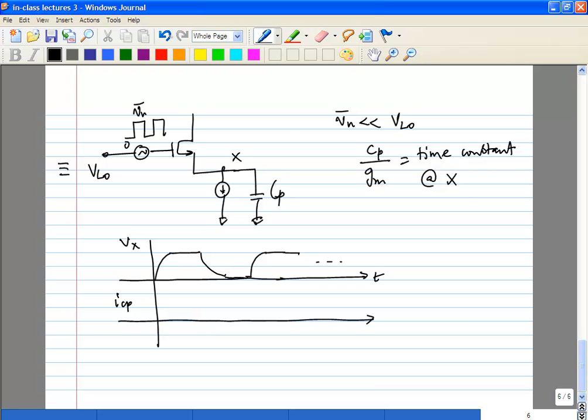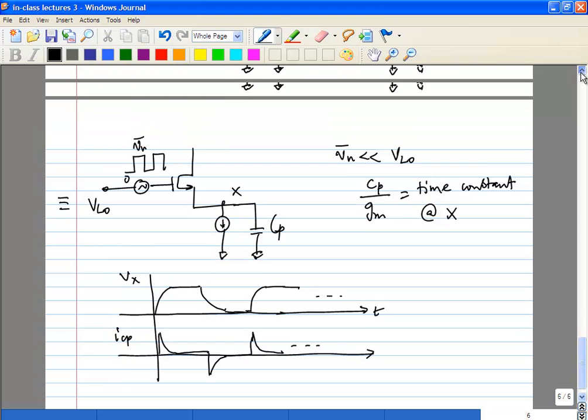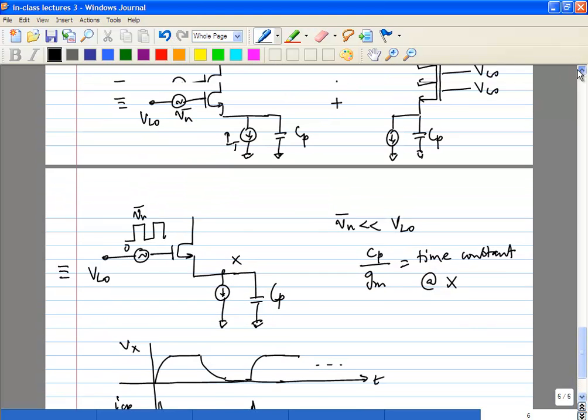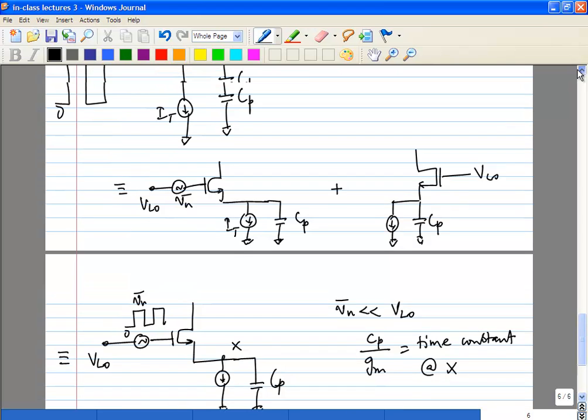Then next we will plot the current through the capacitor Cp, which is ICP. I have a pulse there, I'm going to have a negative pulse here, and so on. This is the equivalent circuit. So you understood the first two half cycles, right?